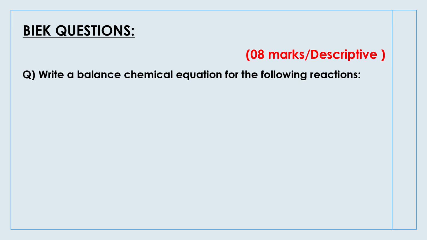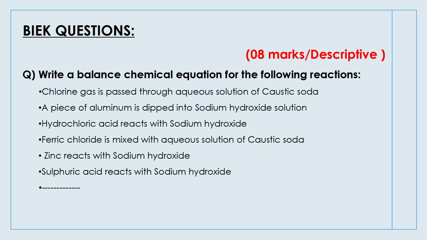So both the products must be mentioned. Similarly, the number of moles must also be mentioned, keeping the equation balanced. If you are writing the equation in the balanced form and all the products are mentioned, only then you will get full marks. So this is how you get the questions.